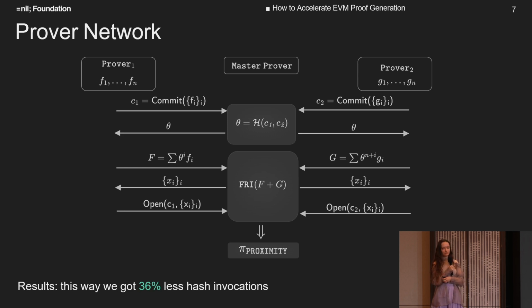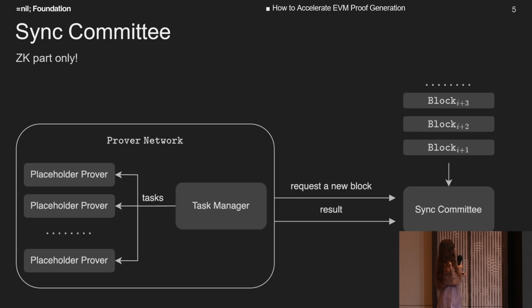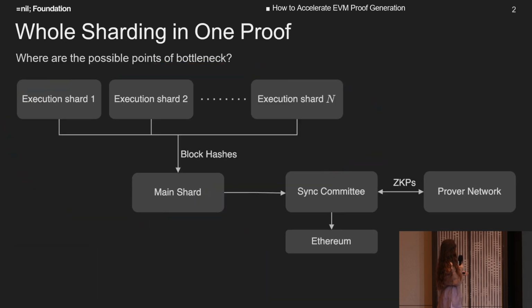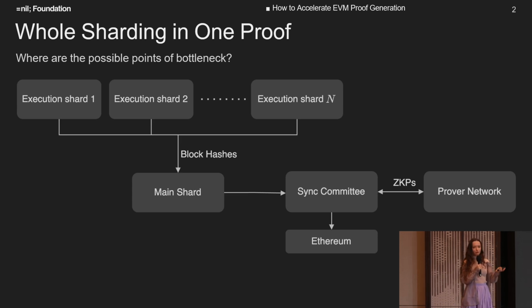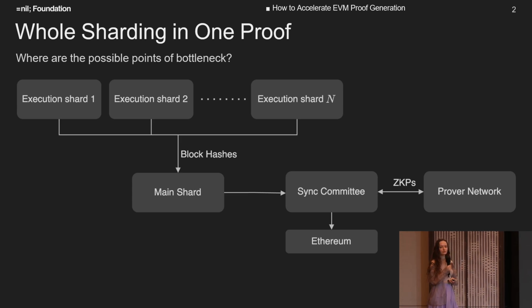We have an order of provers, but it doesn't break any decentralized property because, as you can see, the main part is just the cluster. How will the prover network generate a proof? Because we can do it on only one prover node.